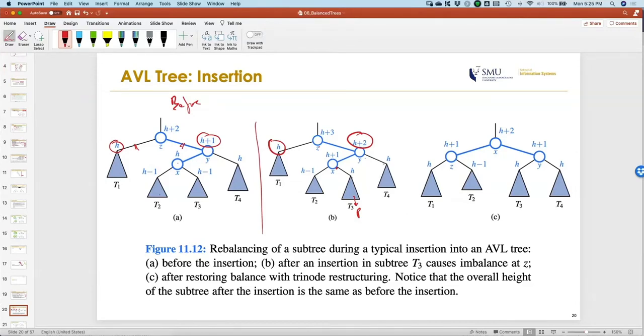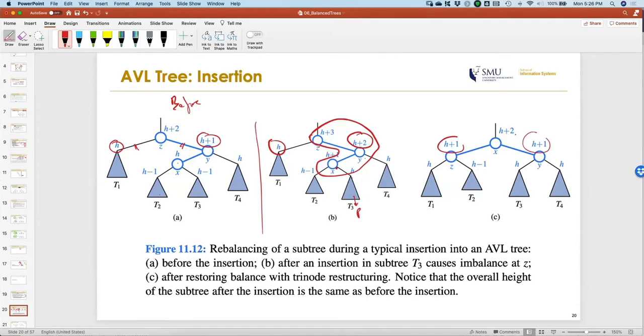So in order for us to fix this, we're going to restructure it with respect to these three nodes, right? X, Y, and Z. The middle one is the B, and the middle one here is X. So now X is going to be the new root, and then the rest are going to follow. Then if you look at the new configuration, in this case, they come back into balance. So right now, the left and the right subtrees are of the same height again, right?